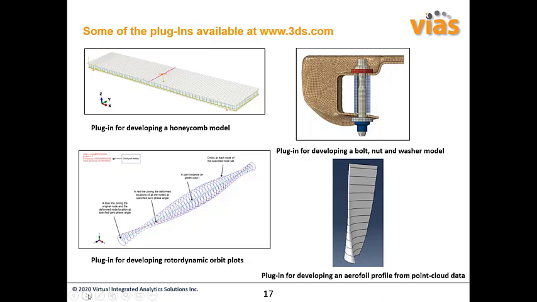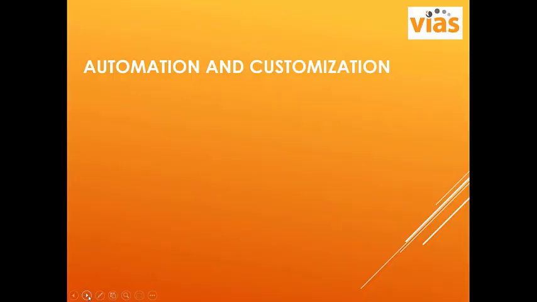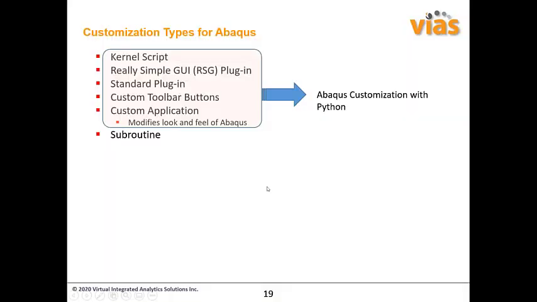As I mentioned, there are hundreds and hundreds of examples, and you can find them very easily on 3ds.com. You just need to create your own user ID, it's free of cost, and you can search for those plugins and download them.